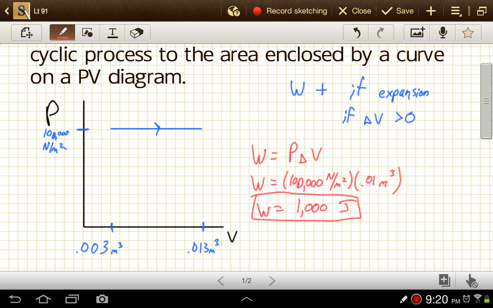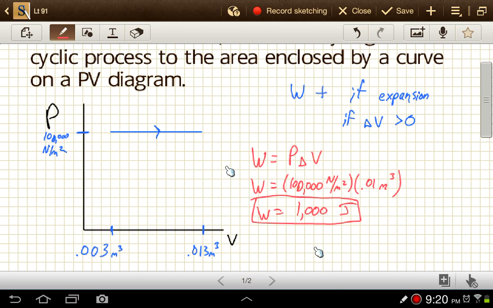Now you might notice that the 100,000, this distance right here, is 100,000 newtons per square meter, and then this 0.01 cubic meters, well, that's this distance right here.